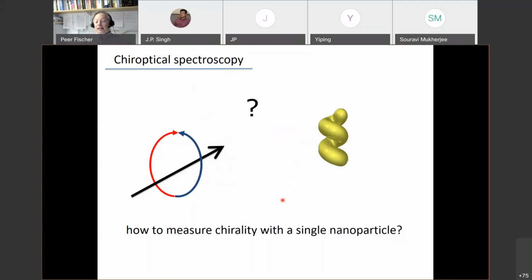And in plasmonic spectroscopy and in nanospectroscopy, it's of course nice to be able to watch just one single structure. And this now gives us a problem. And in fact, I think it's a major problem, in particular for chiral spectroscopy.